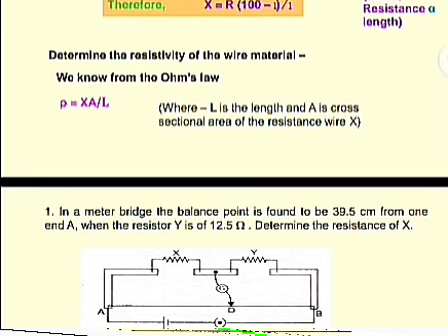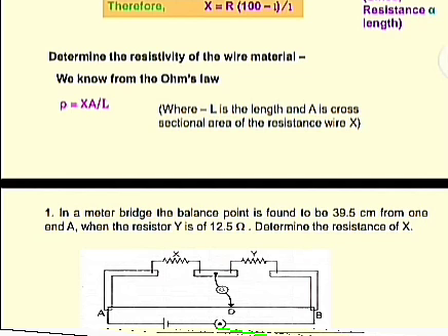Dear student, we already discussed when the balancing length L is given, then we can calculate the 100 minus L length, that is equal to 60.5 centimeter, and Y is given here 12.5.